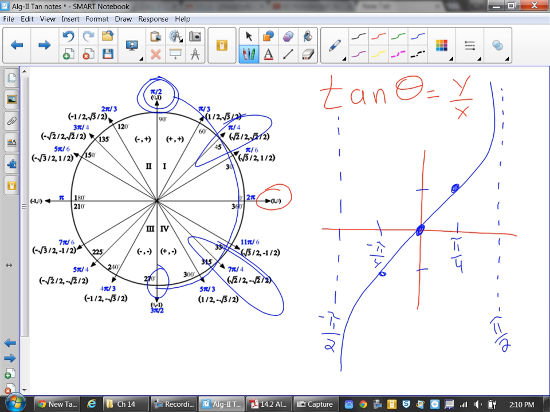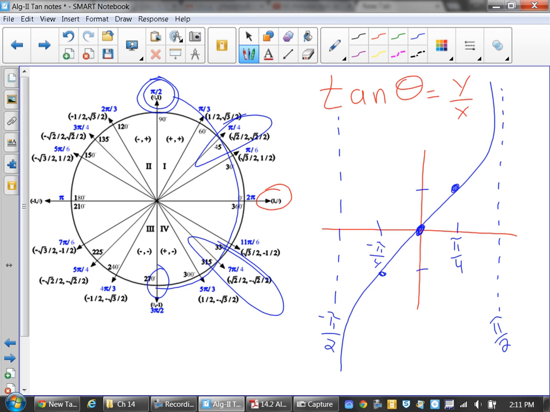You still have to worry about your A's and B's, but those are the 3 points you look at. Your parent function of a tangent graph, no matter what your A and B value is, will always go through the origin. Your A's and your B's will help figure out what the scale is going to be as far as your period is concerned, as well as how high up that A value is, where the 1 goes.